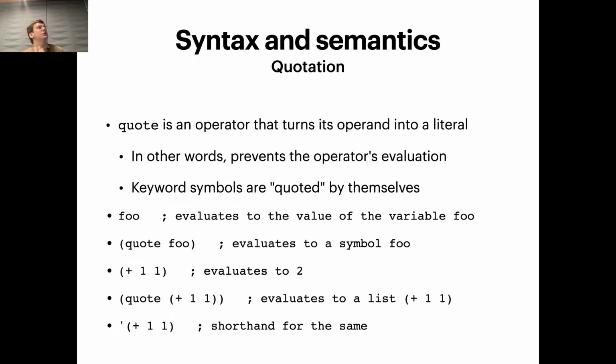The importance of this will become more obvious later, but for now I just want to introduce the whole concept. So we can evaluate forms and they return other forms, and some things we evaluate just evaluate to themselves.